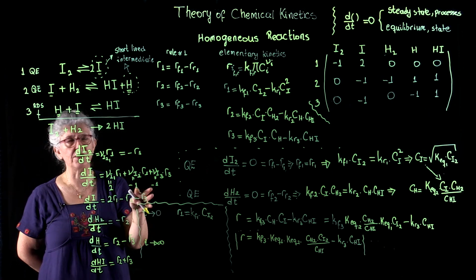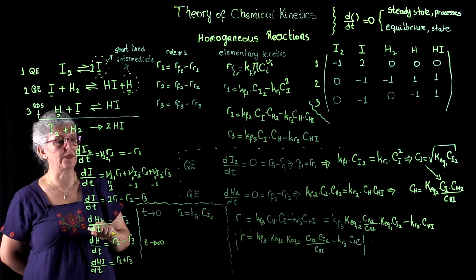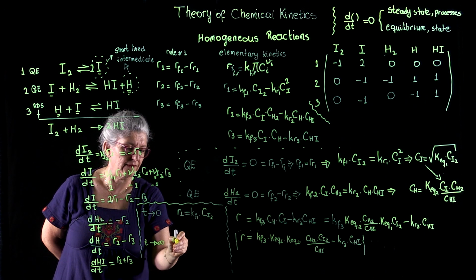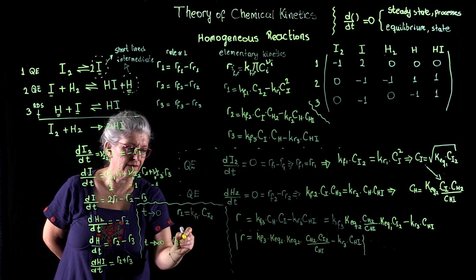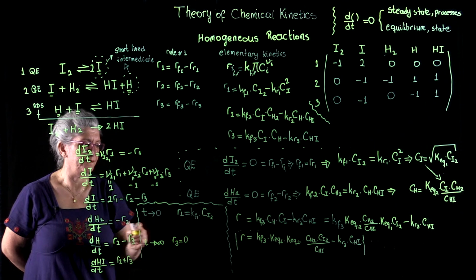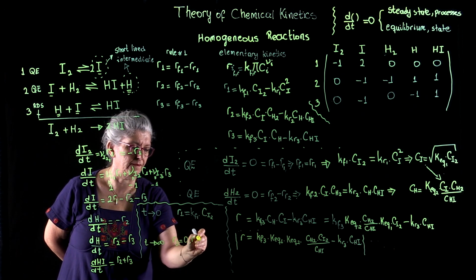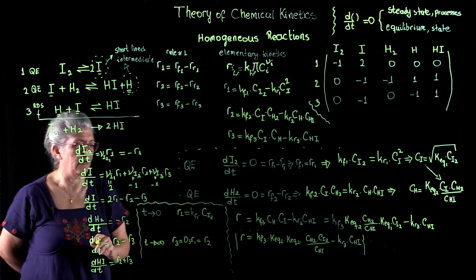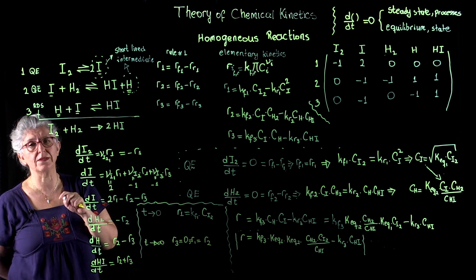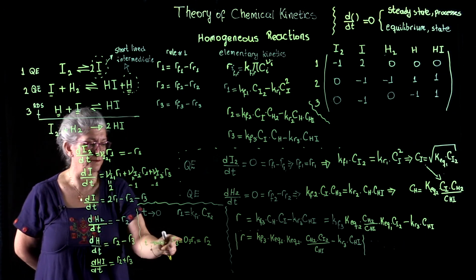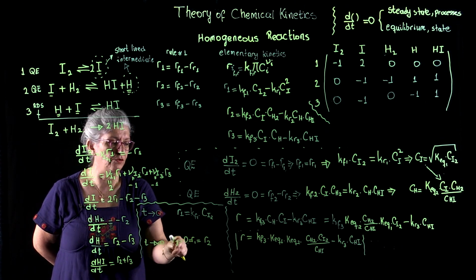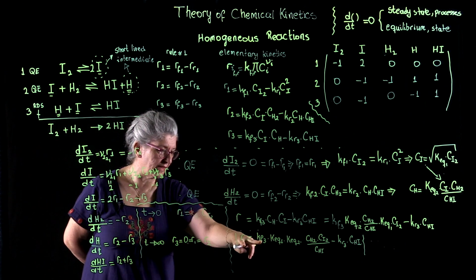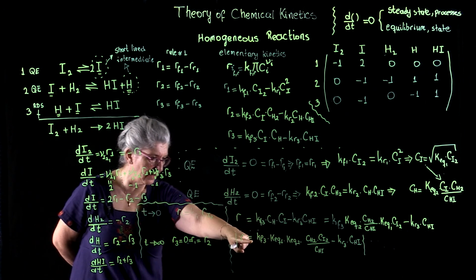So we have already treated the first and second steps to be at equilibrium. Let's see if R1, R2, and R3 are equal to 0. They are equilibrated.